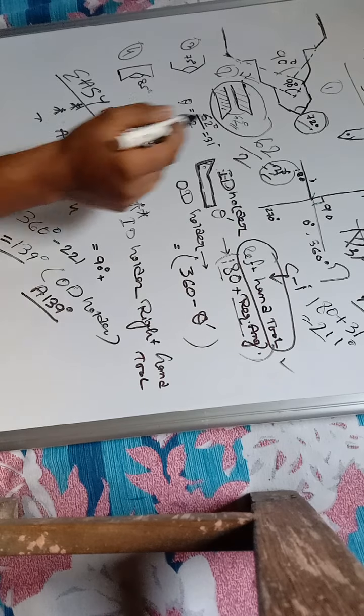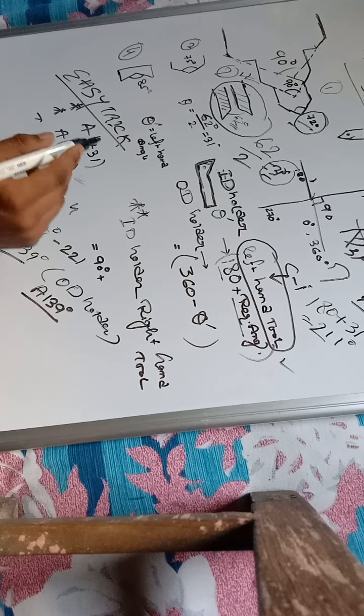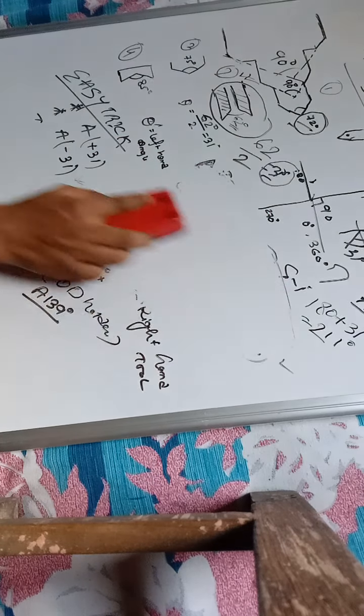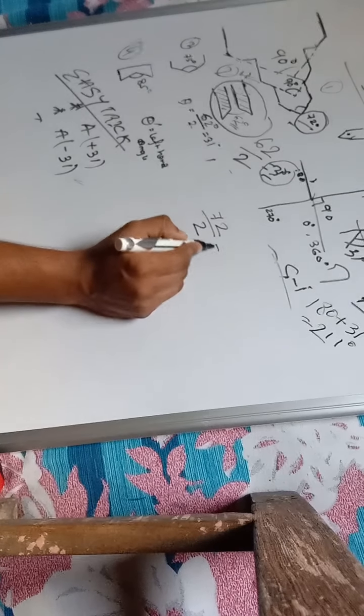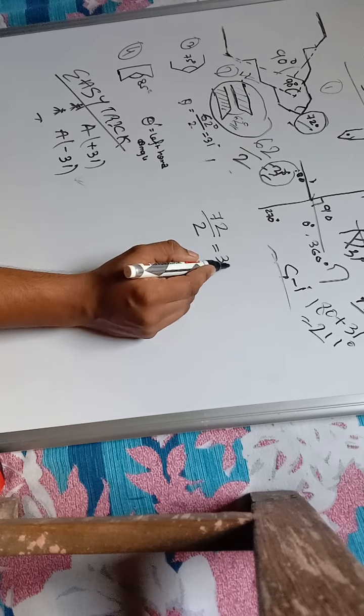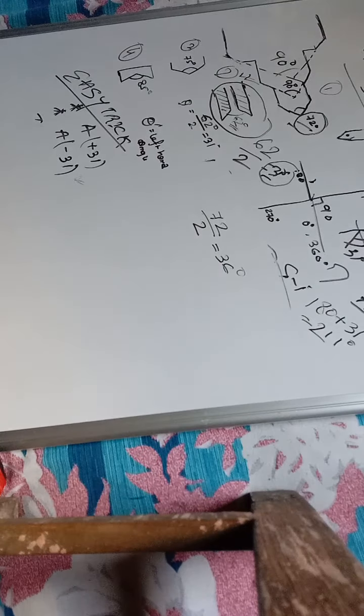And another, if we discuss this case, there is an angle of 72 degree. How will we calculate? Same way. What is the half of 72? That is 72 divided by 2, that will be 36 degree.